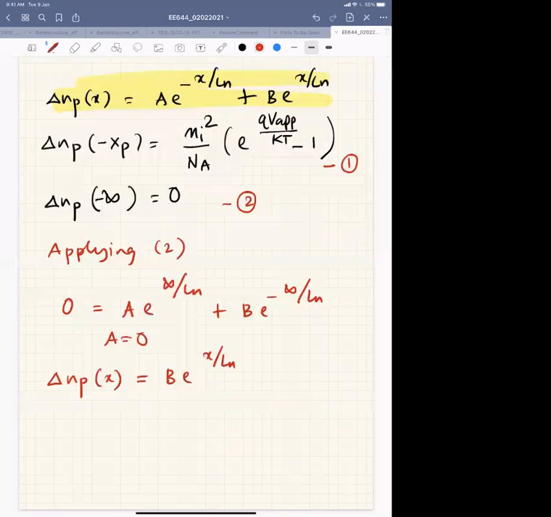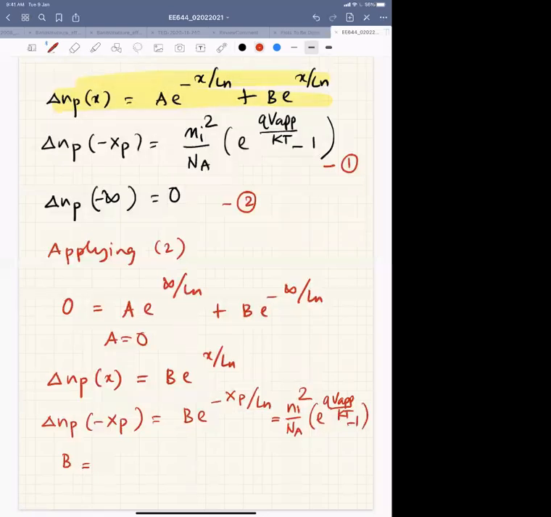And assuming delta np at -xp is B e to the power minus xp by Ln, B equals ni squared by Na times e to the power qV by kT minus 1, times e to the power xp by Ln.